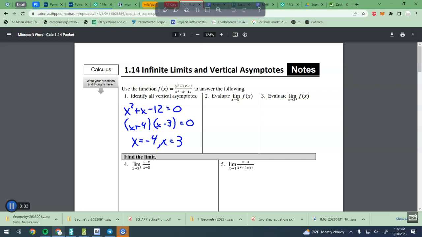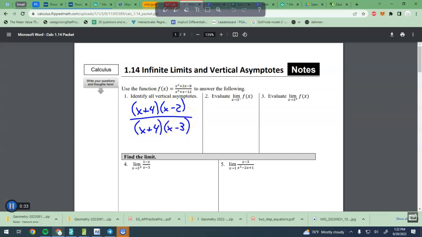What's the other way? Where you factor and start canceling. So the other way would be, I go, okay, that's x plus 4, x minus 2, and that's x plus 4, x minus 3. And so if the factors cancel, the solution from that is removable discontinuity. So I have a removable discontinuity at x equals -4.